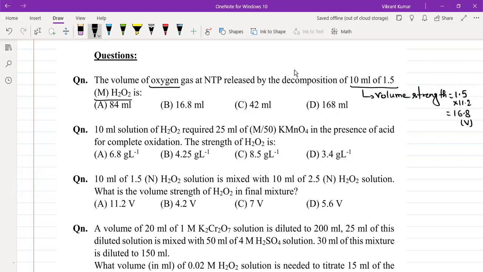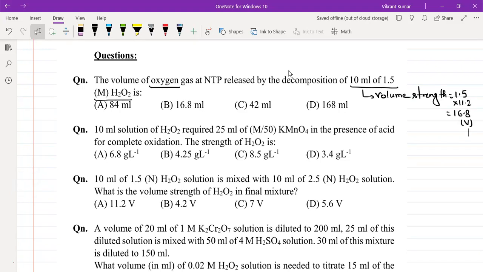No. Why? The volume strength is the amount of oxygen gas released for 1 liter, and here it is asking for 10 milliliters. The definition of volume strength was that a given solution with 1 liter volume will produce how many liters of O2.